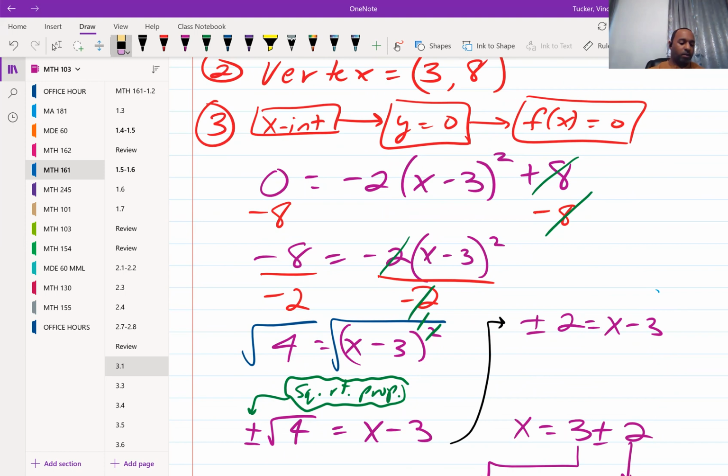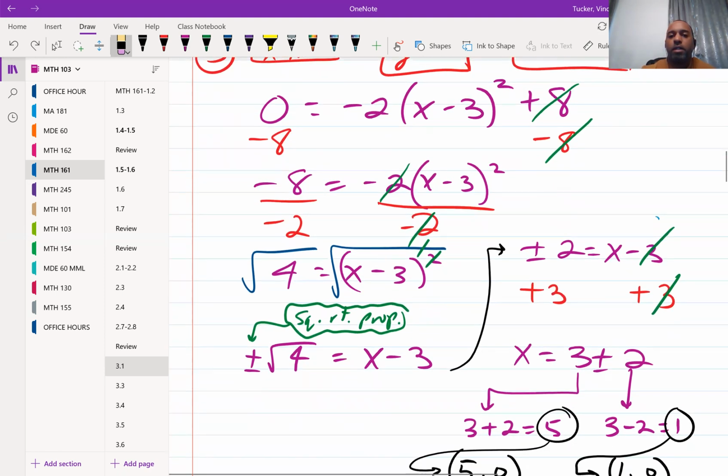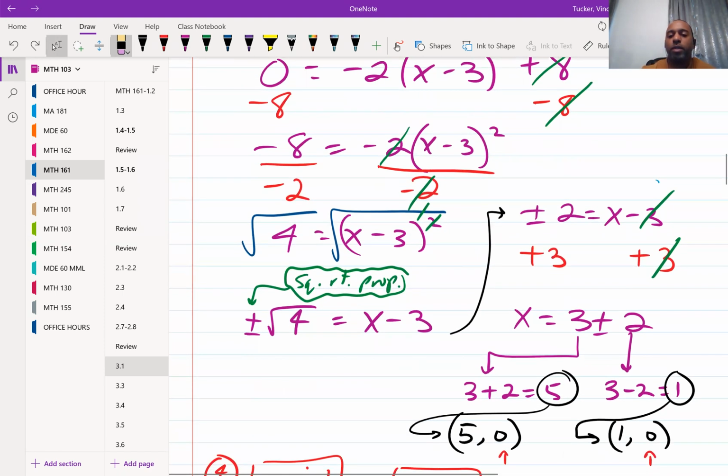It's not canceling off. So the square root of 4 is 2, so it's plus or minus 2. Then we add 3 to both sides. That'd be 3 plus or minus 2.